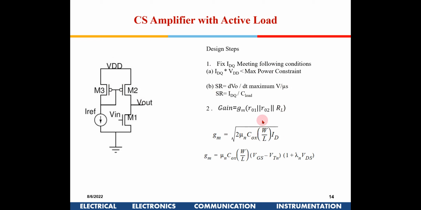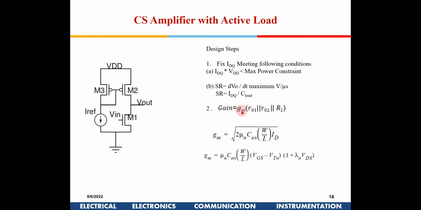And then, while designing, the design steps, which we didn't discuss, are again the same. First we find out IDQ, taking the maximum power constraint and the minimum power constraint, and then we know the gain requirement, right? We know the values of R1 and R2 also, because once ID is decided, R0 will be 1 by lambda ID, right? So R0 gets fixed. Once these get fixed, and RL is also known, gain gets fixed, GM gets fixed.